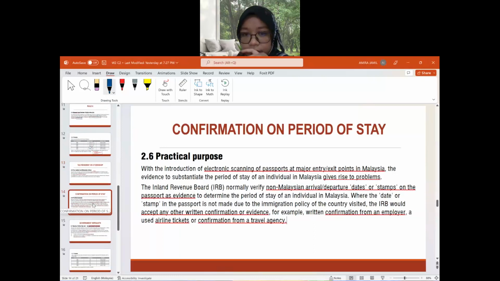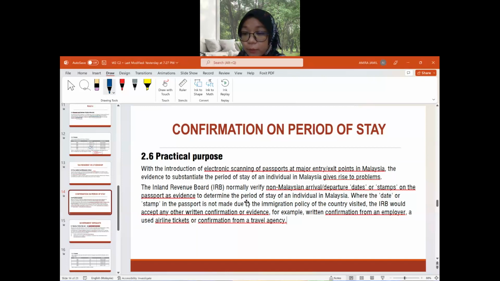Confirmation on period of stay, because of the technology now, they use electronic scanning of passport. Kalau dulu dia chop dekat kita punya passport kan, they used dates on the stamp on our passport as evidence. So in the past, LHDN or the IRB relied on the dates on the stamp lah. But now at most immigration points, they use electronic scanning of passport.